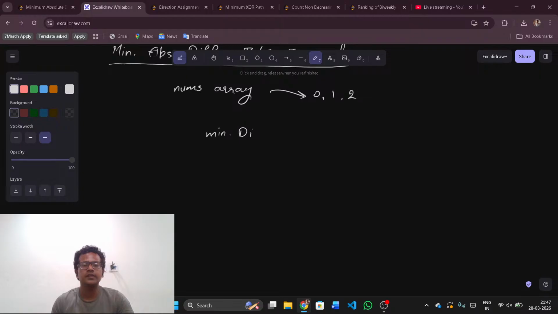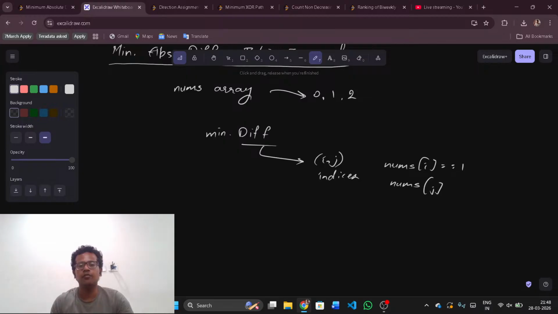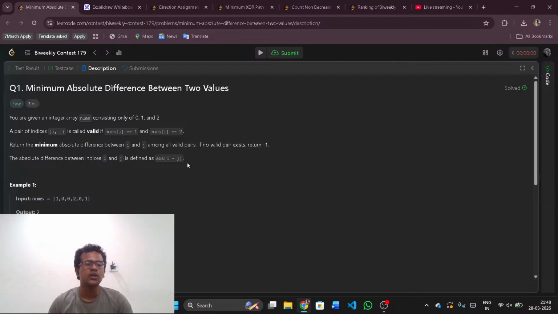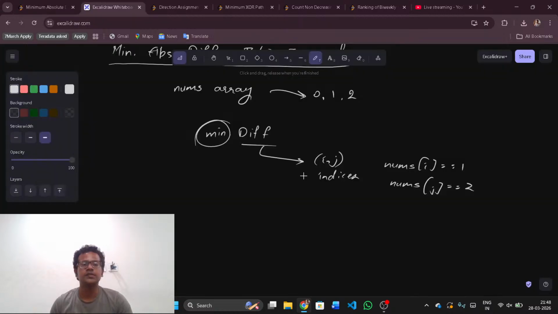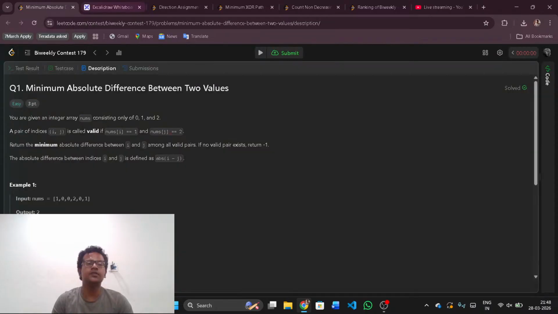We need indices where nums[i] will be 1 and nums[j] will be 2, and the difference should be minimum. That's what we are asked, right? So the difference is the absolute difference of i minus j. Let's take an example and also go with the constraints.